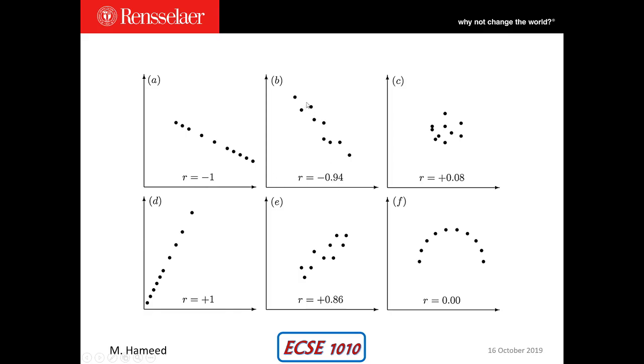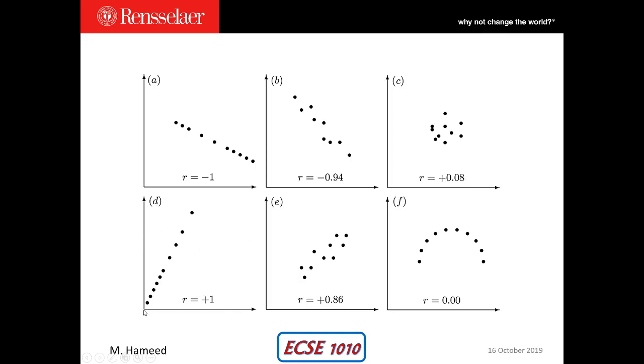Now if those data points spread out a little bit, I'm going to get a value which is different from -1. However, it is still going to give me negative correlation, because as I increase x, in general, y keeps going down. In this third plot, there's no such relationship, so the value comes out to be close to 0. As I increase x, y sometimes increases, sometimes decreases, so it's a value which I cannot make sense of, which is why r is 0.